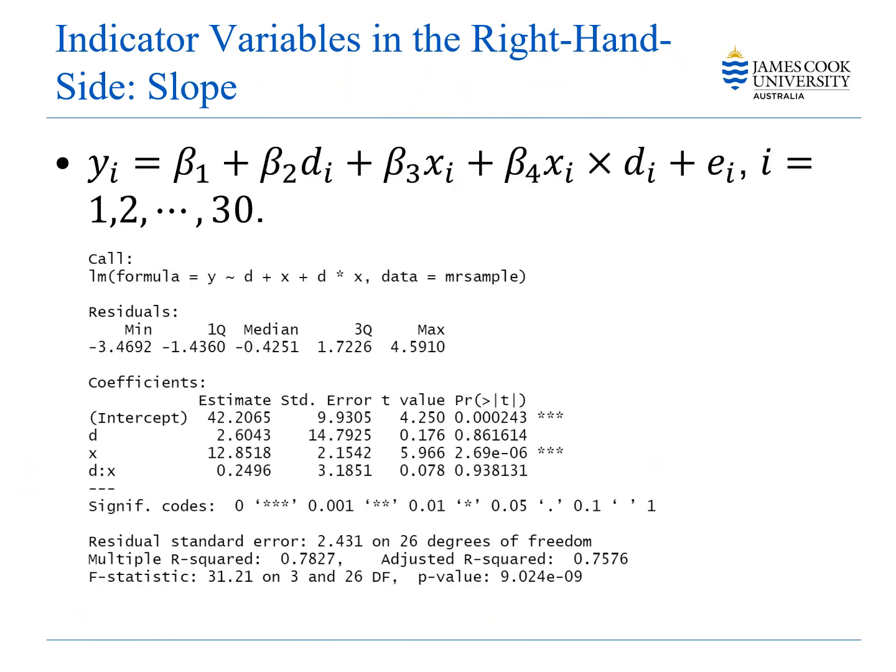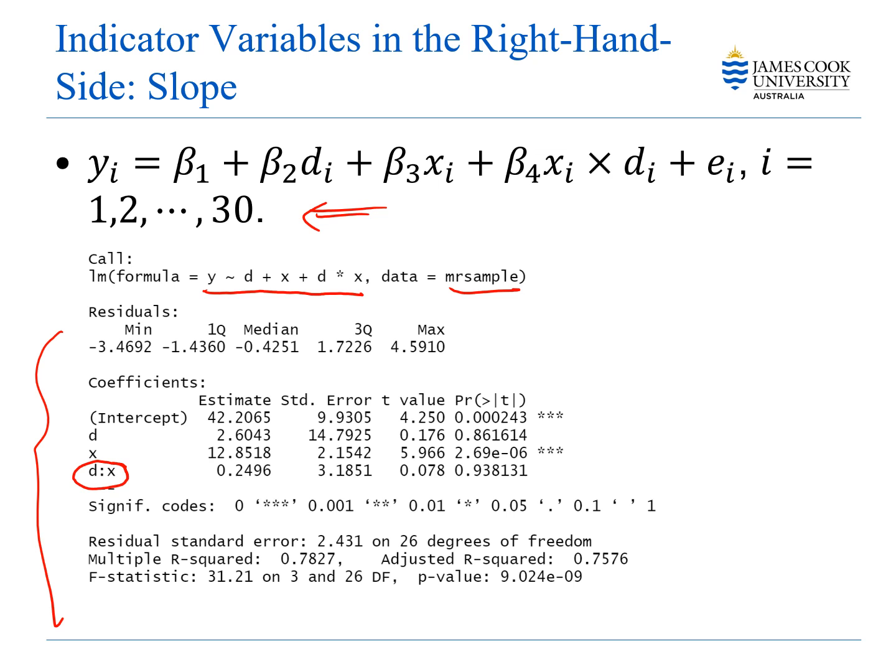Okay, let's estimate this using our data collected in the experiment. The formula is here, that's the formula in R. Data is stored in this object, and that's the regression output.